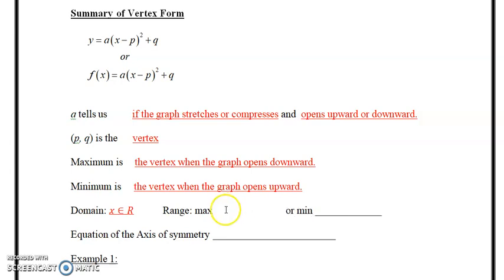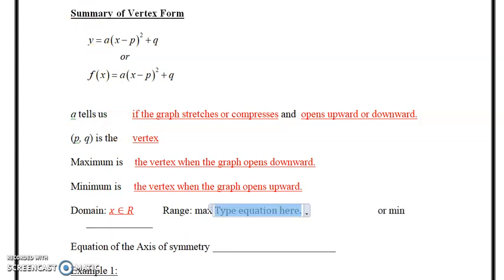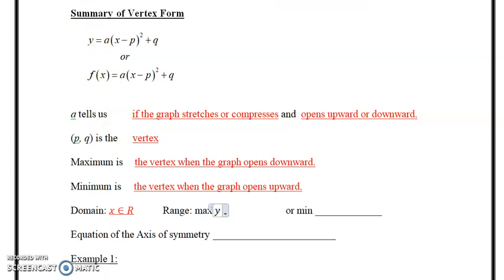So that is given by, and as you guys are aware, we've done this before, y less than or equal to, and it's your range, so it's whatever your q value is, right? Whatever the q value is.